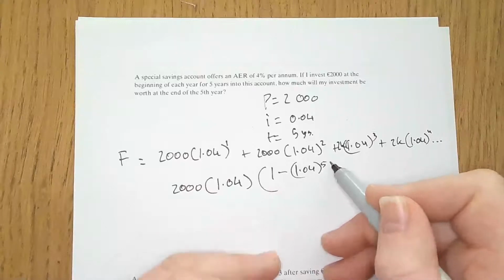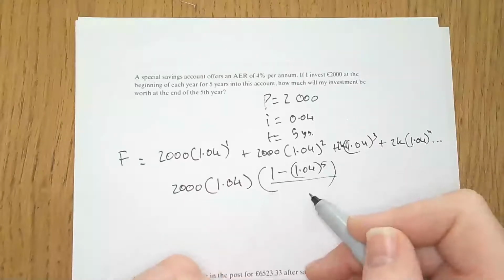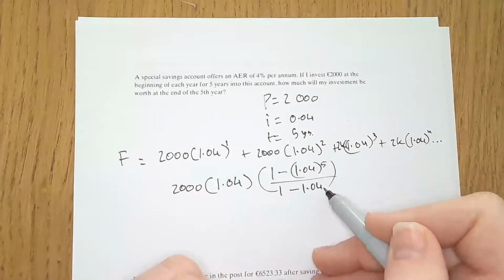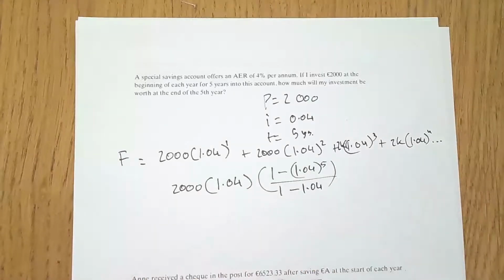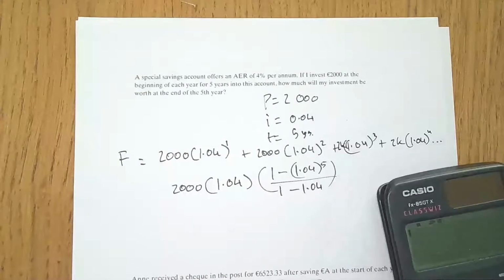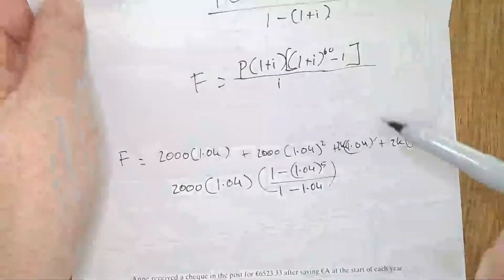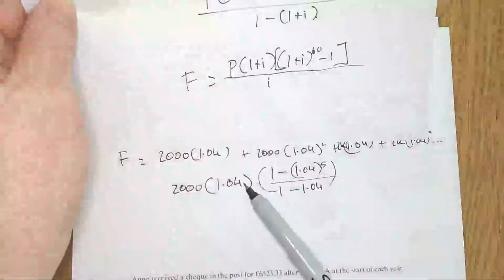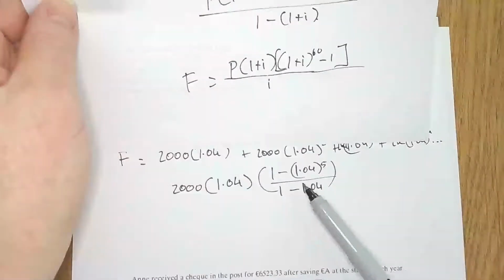I keep calling it n because when I was a kid it was n, over 1 minus 1.04. Right. So just to show you, that's where it's coming from. So there's your P, 1 plus I. Okay.